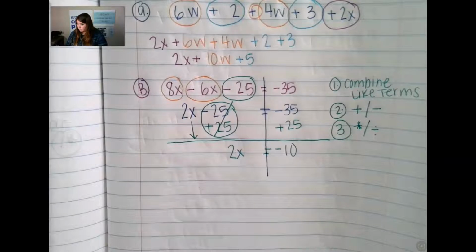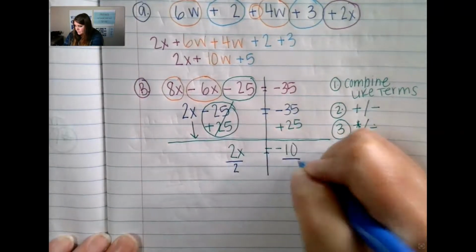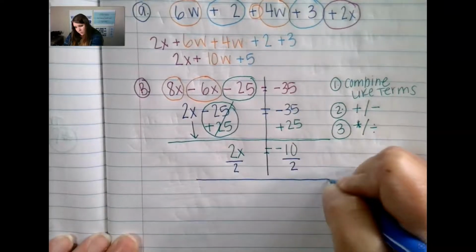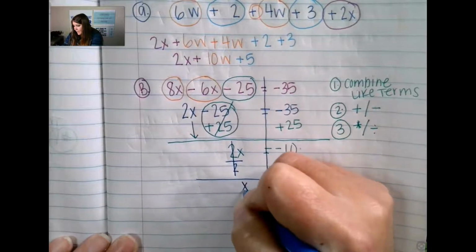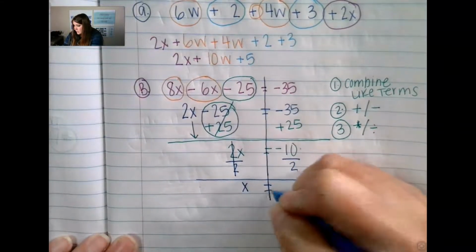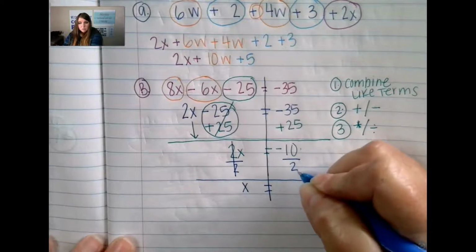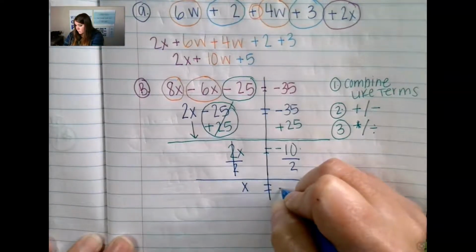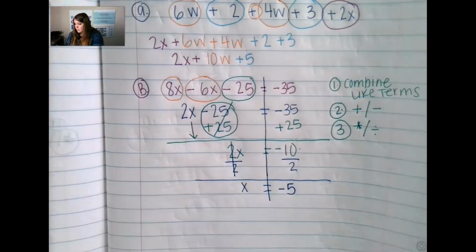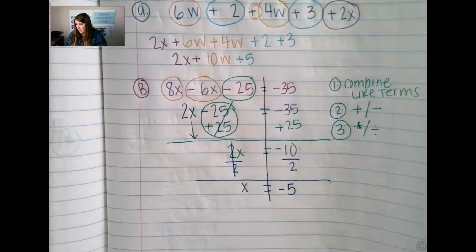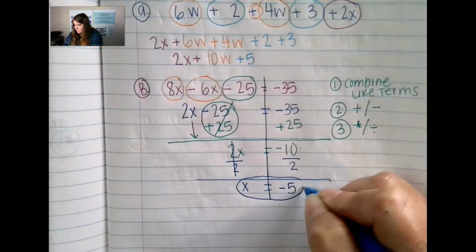So if I divide by 2 and divide by 2, keep it balanced on both sides. I now have 1x, and 1x is equal to, I have negative 10 into 2 equal groups, and this equals negative 5. So my solution that I have found is x equals negative 5.